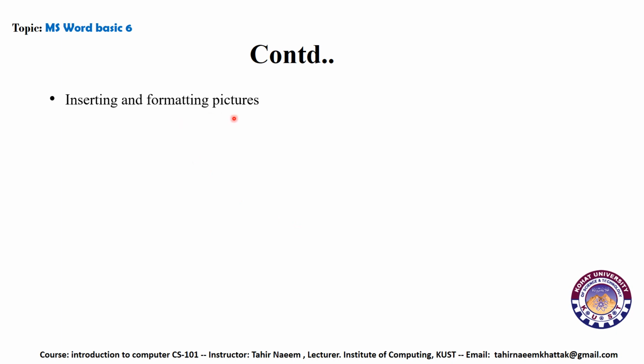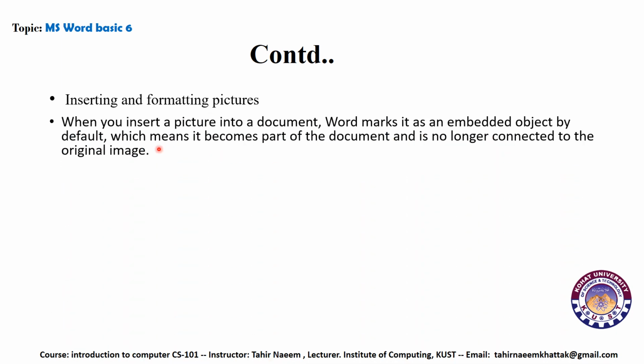Inserting and formatting pictures. When we insert a picture into a document, Word makes it an embedded object by default, which means it becomes part of the document and is no longer connected to the original image.